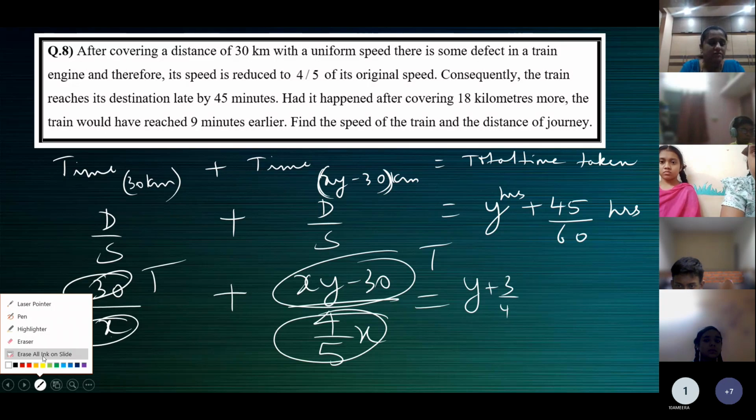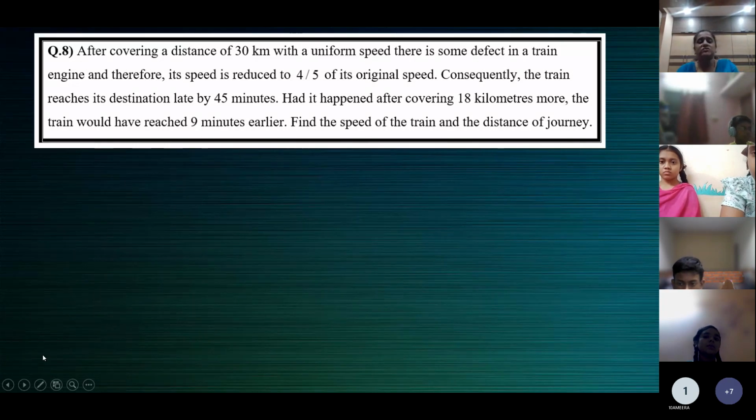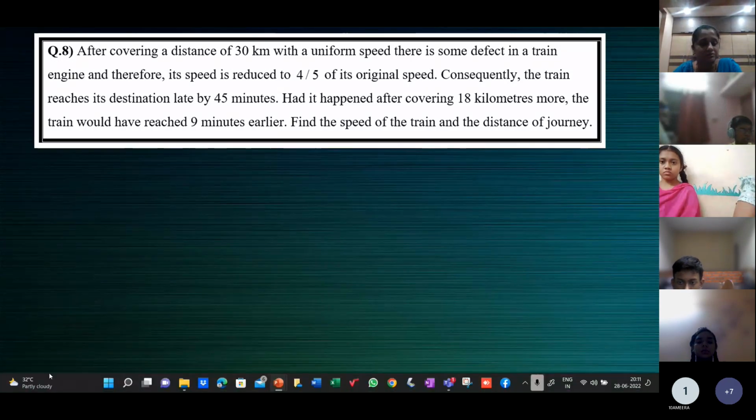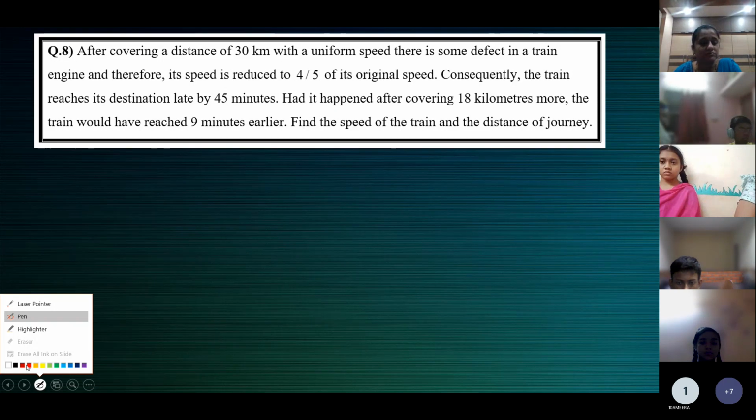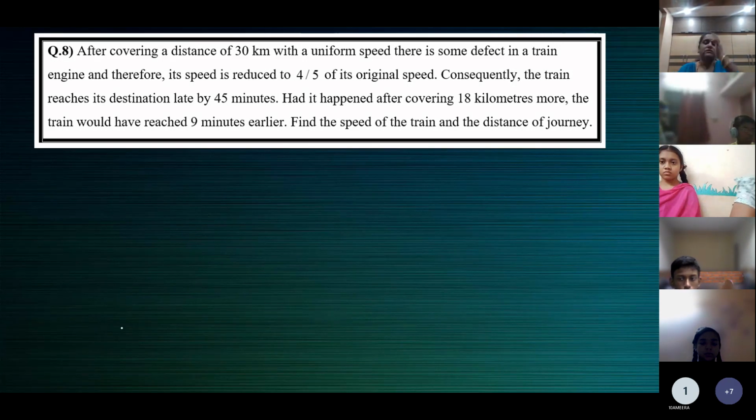In the second case, what distance is covered at x kilometers per hour, the usual speed?